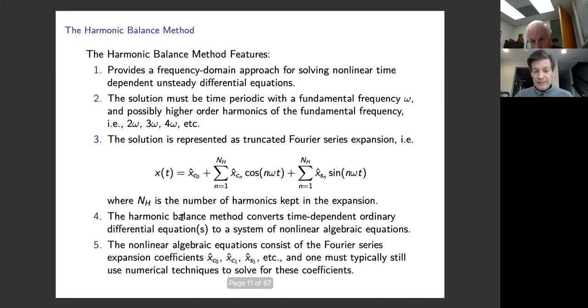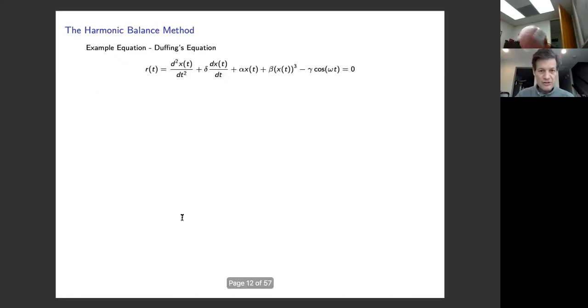However, the thing to keep in mind is that the algebraic equations you end up with can still be very difficult to solve, because they can be highly nonlinear, and in many instances you have to use numerical techniques to solve those nonlinear algebraic systems of equations. But at least it reduces it from differential equations to algebraic equations.